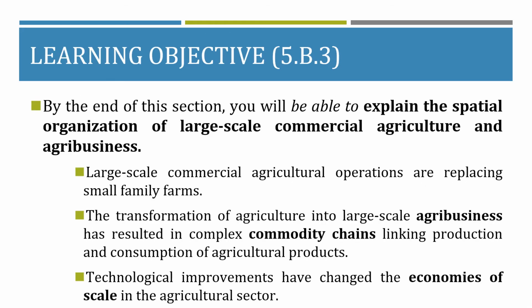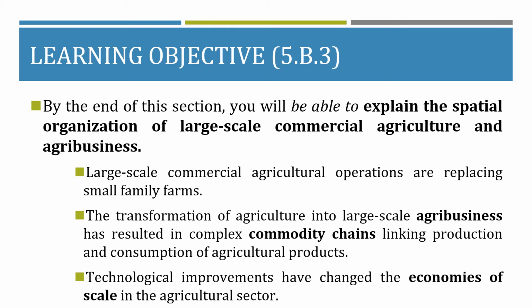By the end of this next section in chapter 13, you'll be able to explain the spatial organization of large-scale commercial agriculture and agribusiness. Large-scale commercial agriculture operations are replacing small family farms. The transformation of agriculture into large-scale agribusiness has resulted in complex commodity chains which link production and consumption of agricultural products.